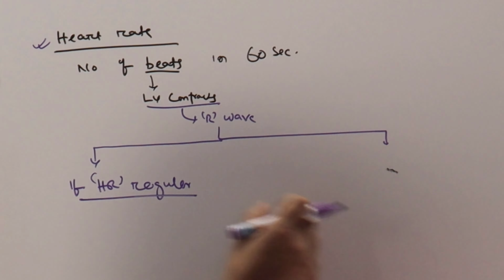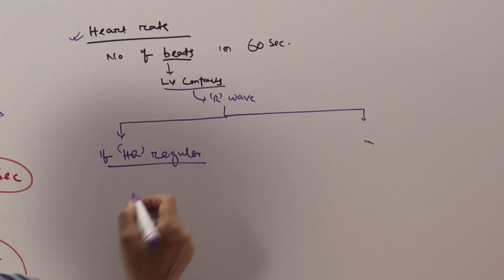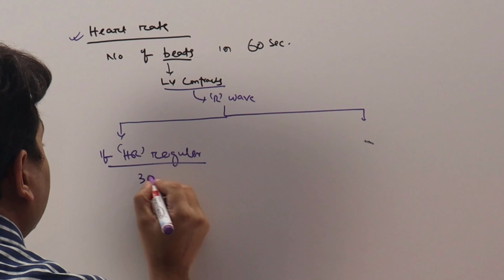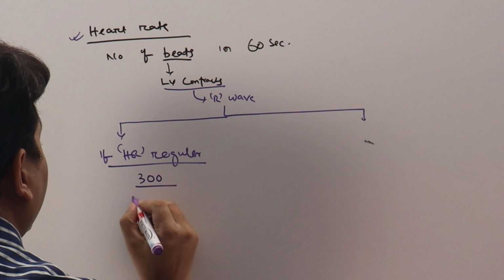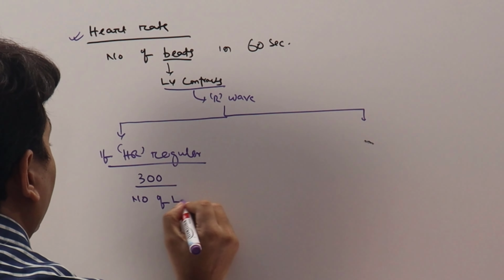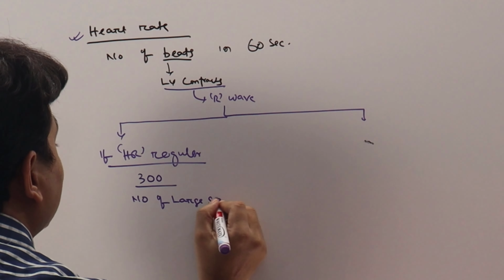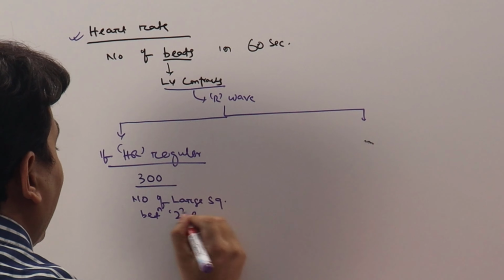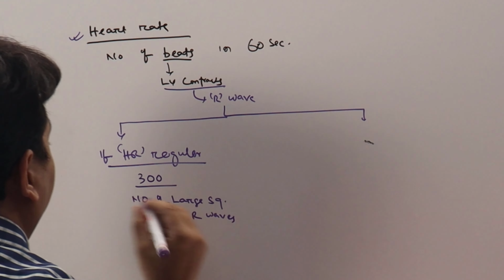In that situation, you can just divide 300 by the number of large squares between two R waves, right?